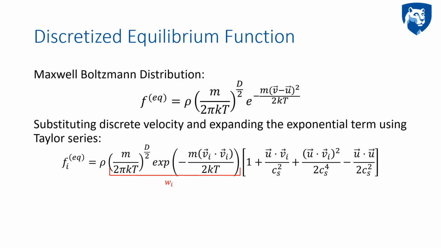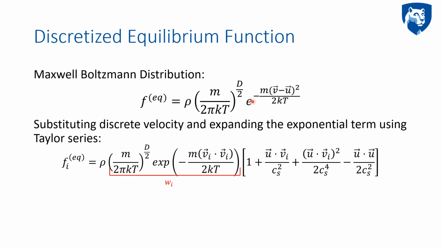Next, I'll talk about the discretized equilibrium distribution function. Earlier I mentioned that we use the Maxwell-Boltzmann distribution function for our equilibrium distribution function, but this is for continuous velocities. So in our Lattice-Boltzmann equation, we use a discrete form of this. In the discrete form, instead of writing the continuous velocity v, we write vi, which is the discrete velocity.